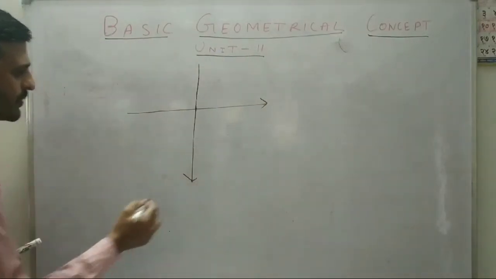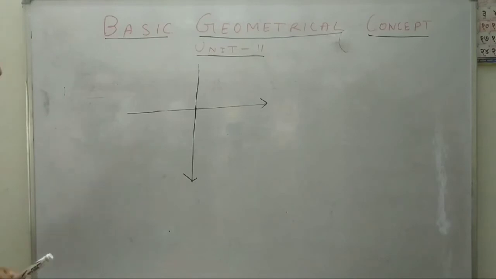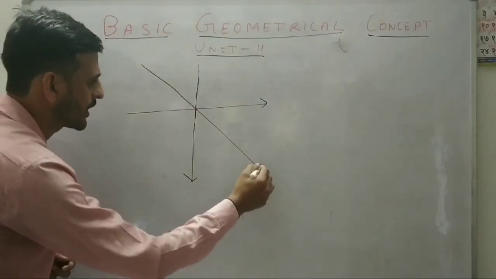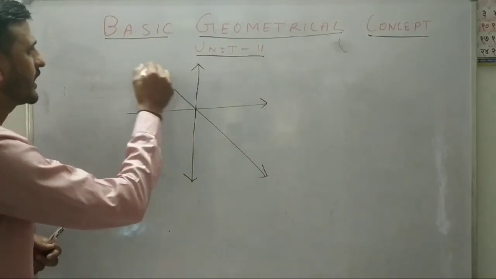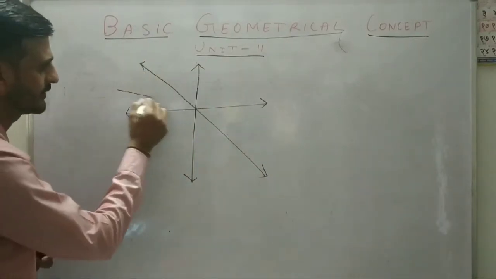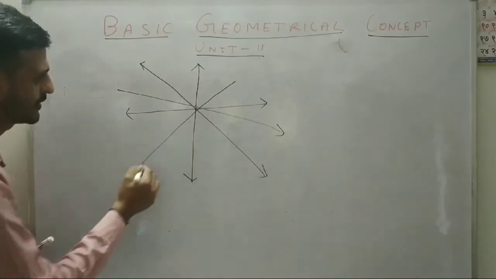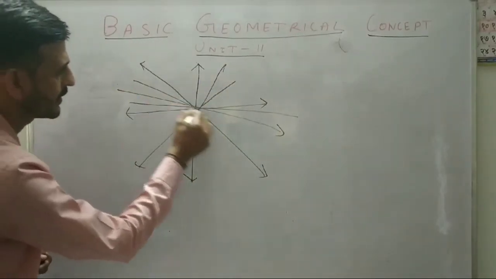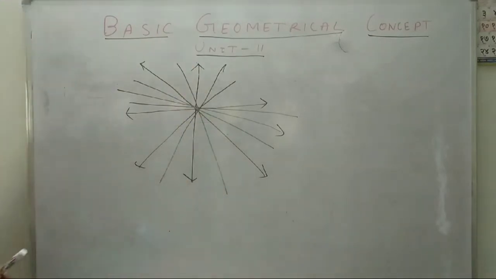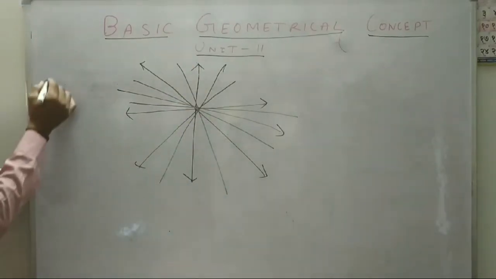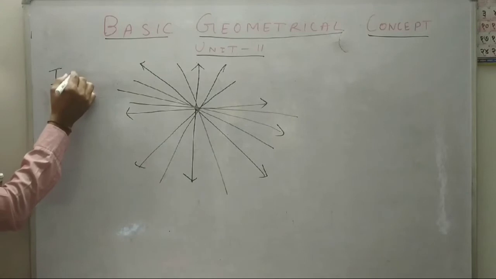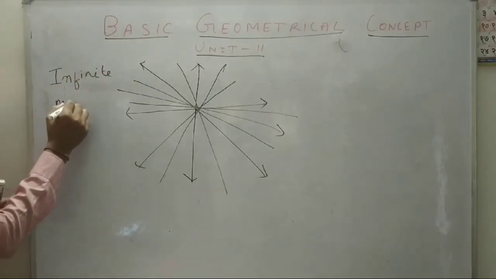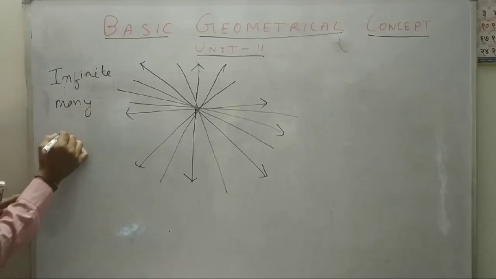So if somebody asks you how many lines you can draw from a point on a plane, from a point on a plane we can draw infinitely many lines. See, 4, 5, 6, suppose somebody 7, 8, 9, 10. So we can say that from a point we can draw infinitely many lines.